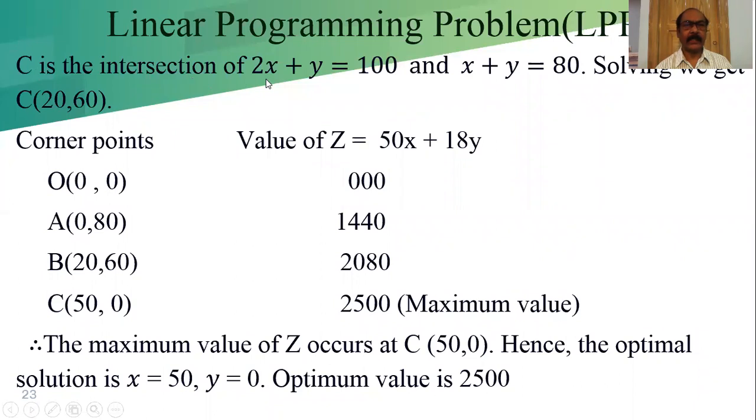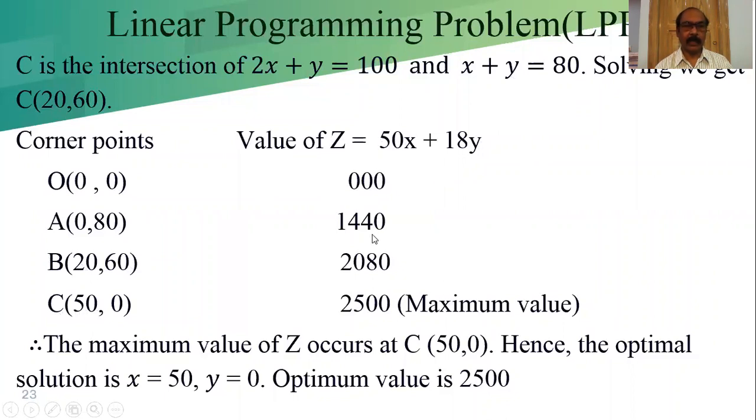Solving the intersection of 2x plus y equal to 100 and x plus y equal to 80, we get 20, 60. These are the corner points: O is the origin 0, 0; A is 0, 80; B is 20, 60; and C is 50, 0. And what is Z? Z equal to 50x plus 18y.